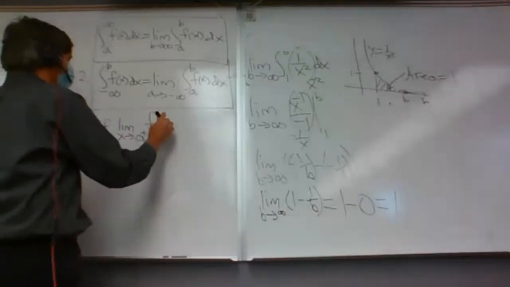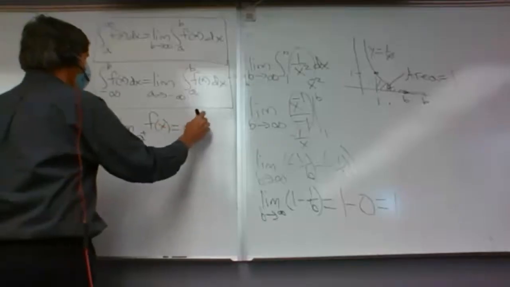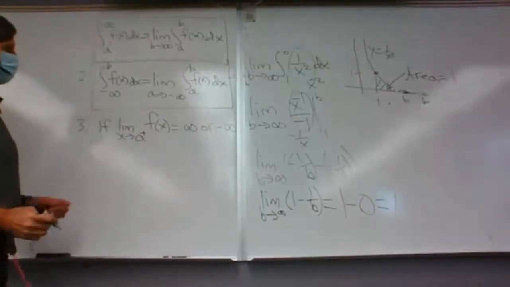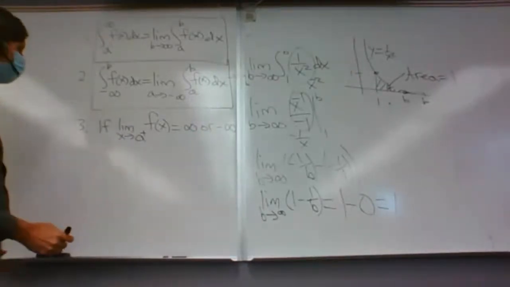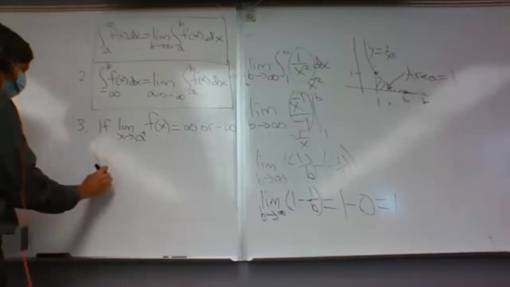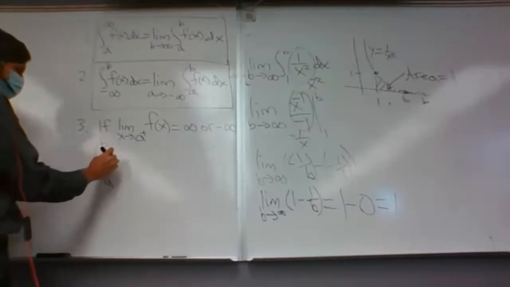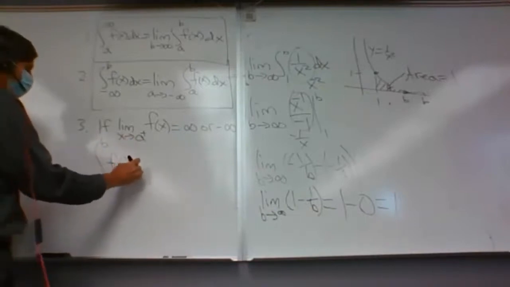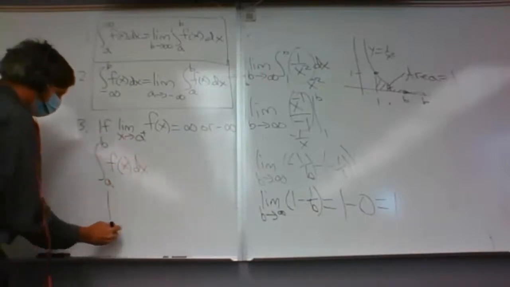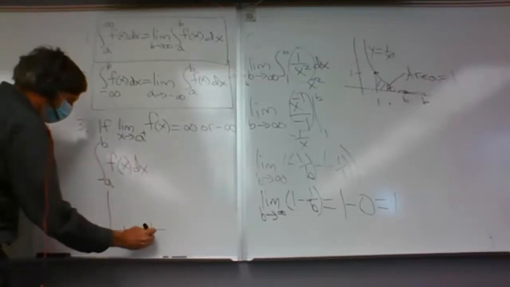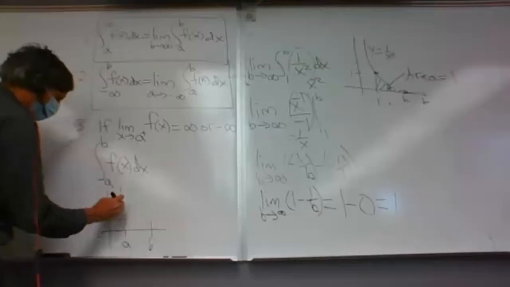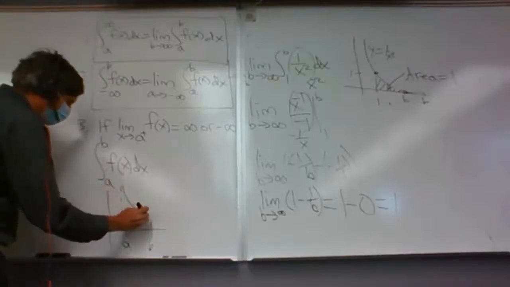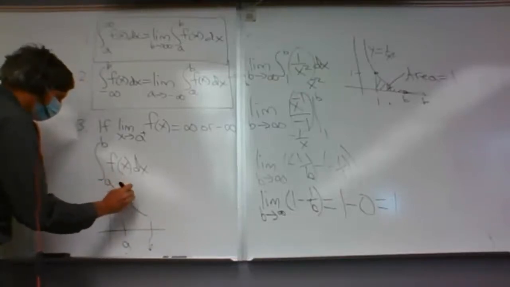Where f of x is infinity or minus infinity. The function gets bigger and bigger without bound. Suppose I go with the function from a to b, and there's an asymptote here. Maybe it goes up to plus infinity like that. I want the area.